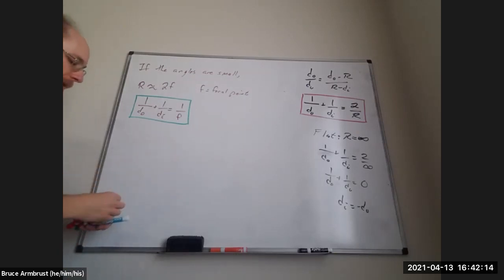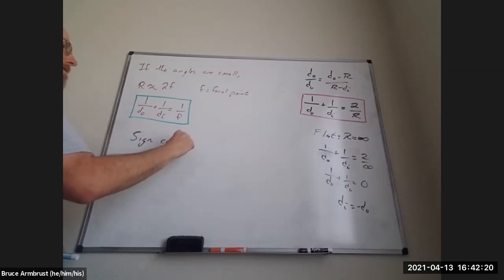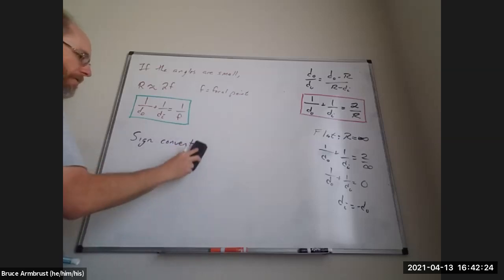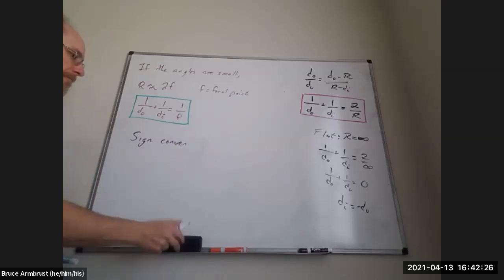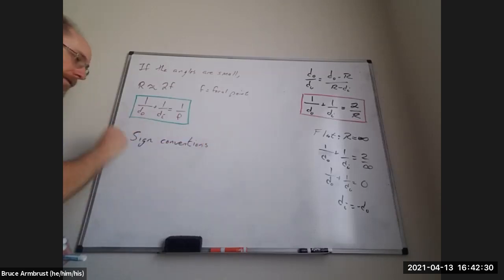Okay, so again, let me remind you about the sign conventions here, because this is where people run into trouble. They end up using the wrong plus or minus signs.